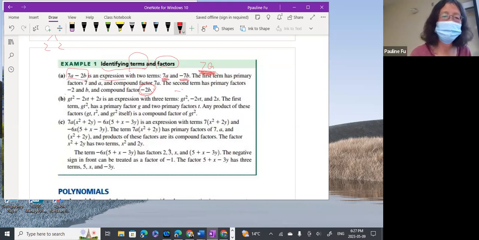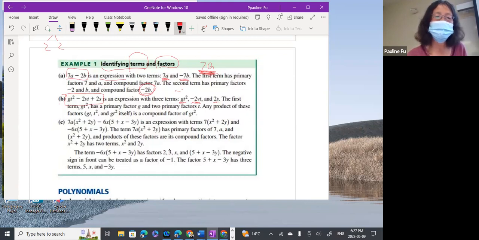Okay, now let's look at this one: gt squared minus 2vt plus 2s. This is an algebraic expression. It has 3 terms: gt squared, negative 2vt, 2s.